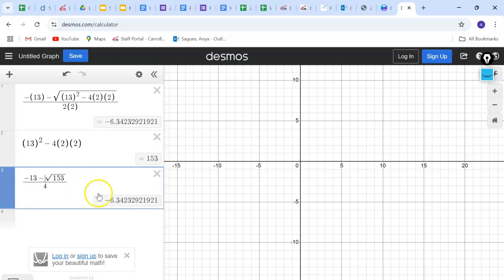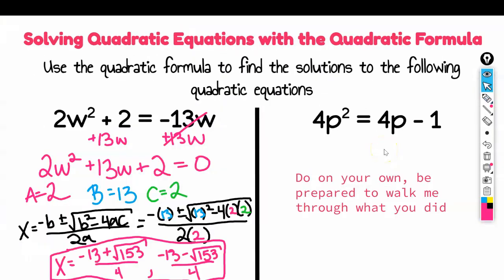Okay, so those are our two answers. We've got plus, and then we have minus. So again, for this problem, our answers are x equals negative 13 plus square root of 153 over 4 and negative 13 minus square root of 153 over 4.